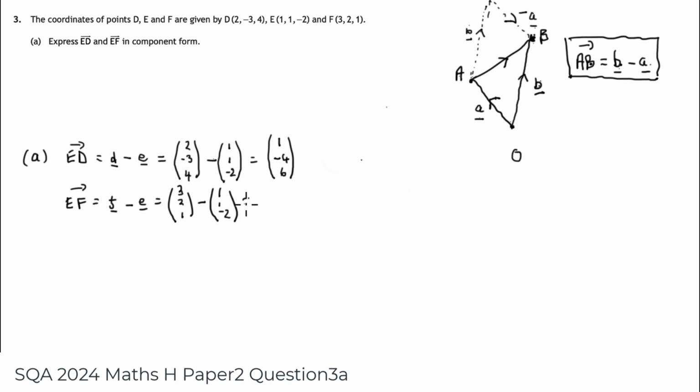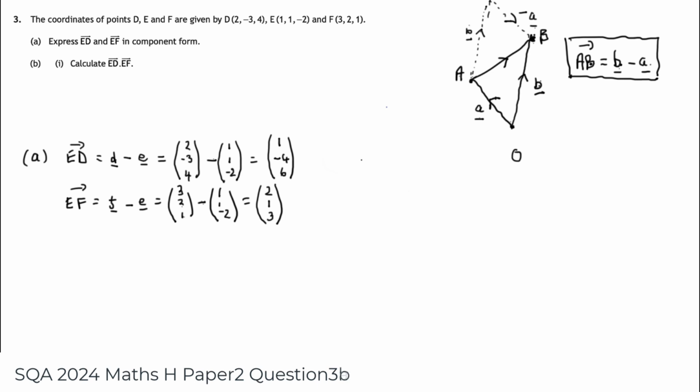So again, we'll tackle each one. The X component, 3 minus 1 is 2. Y component, 2 minus 1 is 1. Z component, 1 minus negative 2, that's 1 plus 2, that's 3. So there's the answer to part A.